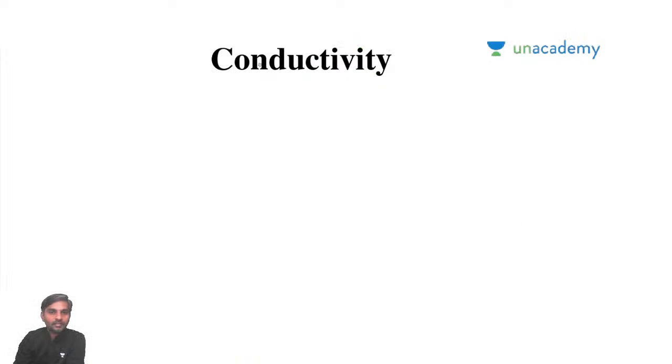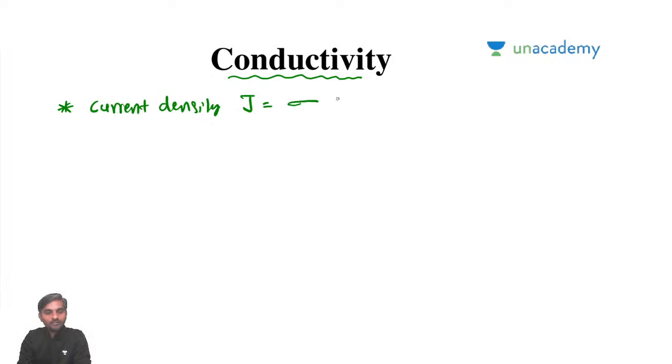Next, here comes the conductivity. What is conductivity? We have discussed current density J is equal to sigma E, where sigma is conductivity, and that was given as N Q mu, simply.